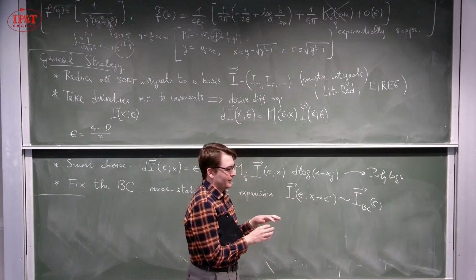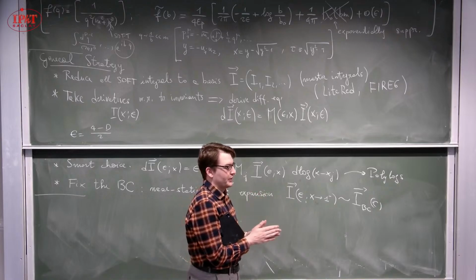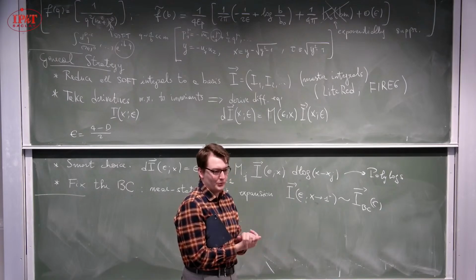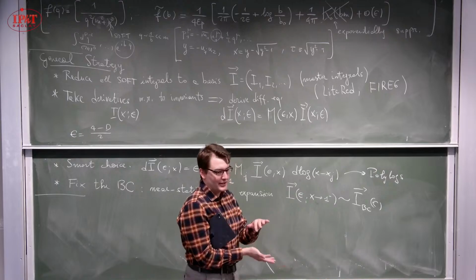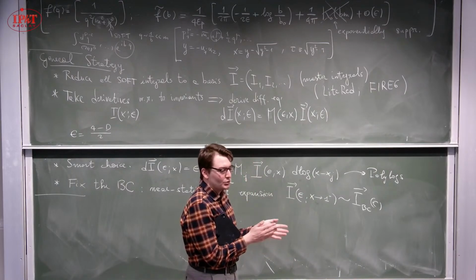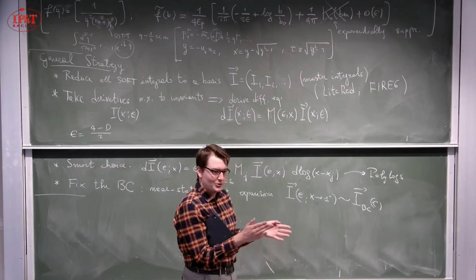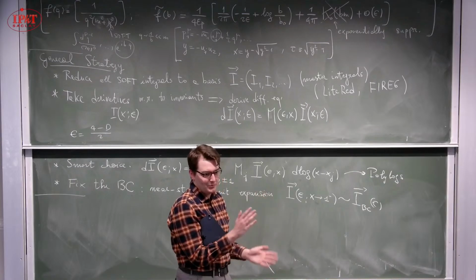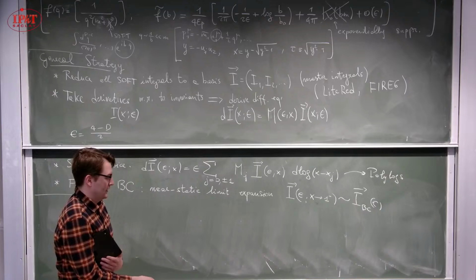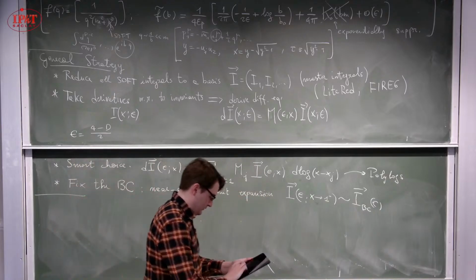One is if they are not supposed to go on shell, and the other is if they can go on shell. The more loops you have, the more lines can go on shell, so you have more combinations of what people sometimes call potential and radiation modes. For instance, at one loop you will only have potential, but at two loops you can have potential and radiation. At three loops you can have more combinations, and things complicate in a similar way. Okay, so let's try to do this in some detail.